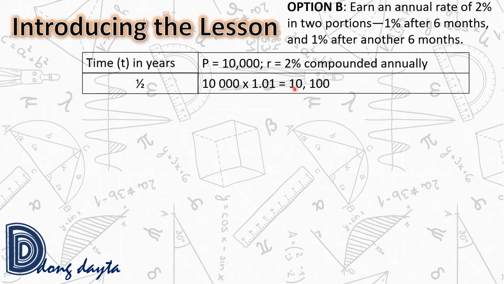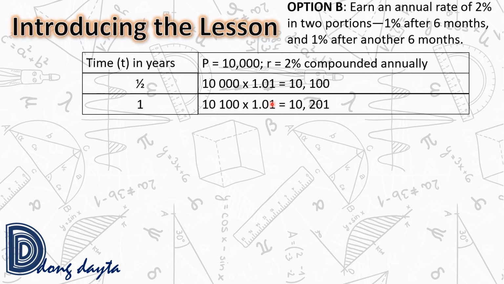That will be 10,100 pesos. 1.01 is 1 plus 1%. 1% is 0.01 in decimal. So at the end of the first year, that will be 10,100 times 1.01 and the final amount is 10,201.